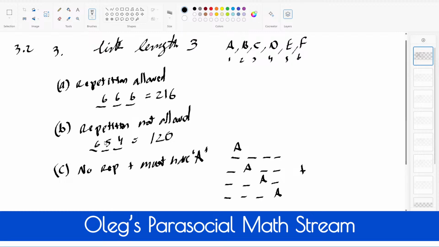Right, we can't have the repetition of A, so that means we have to start with 5, 4, and 3. We're going to say 5, 4, 3, 5, 4, 3, 5, 4, 3. And then we're just going to multiply those out.